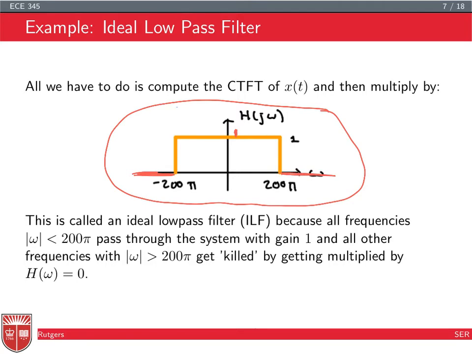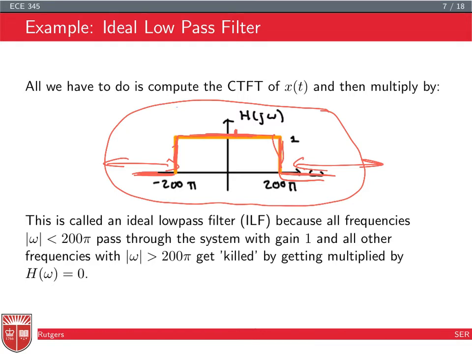Why is that? Because in the frequency domain, in the output, we're multiplying by this spectrum. So we're multiplying by 0 everything that is less than minus 200 pi and above 200 pi.